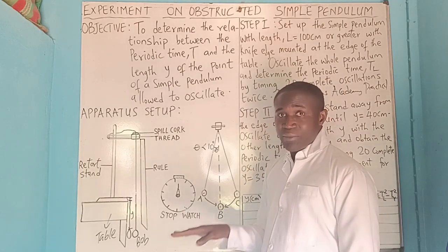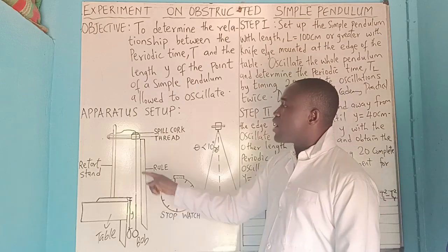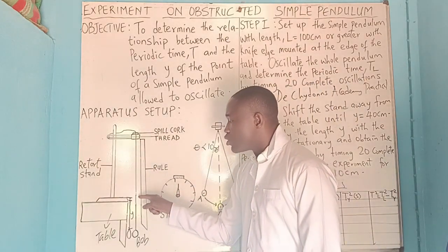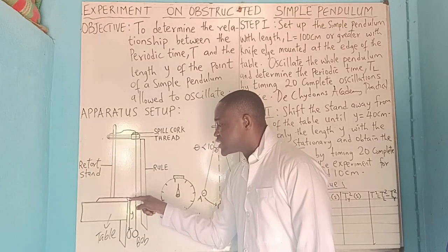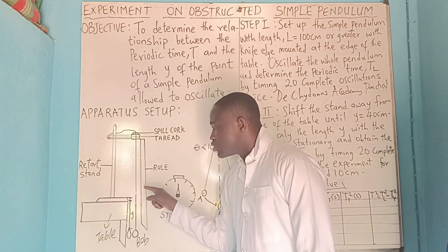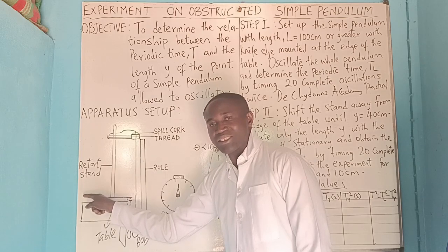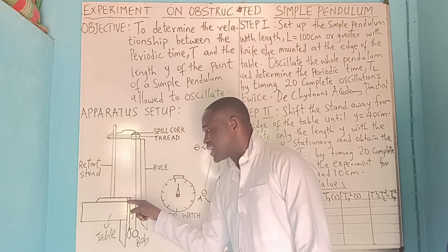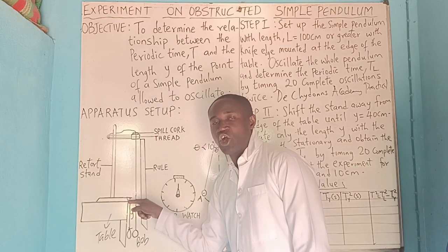Are you getting it? It will still be hanging. The reason why you have to lower it is so as to be able to get your 40 cm when you shift this retort stand inside and clamp this thread at this edge of the table.